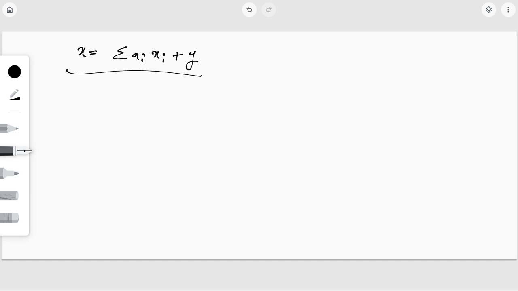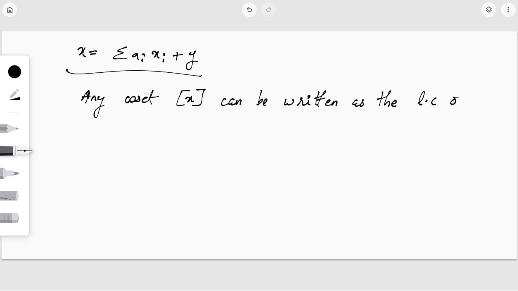So any coset x can be written as a linear combination of the vectors coset x1, coset x2, etc., coset xn, because it is a basis.